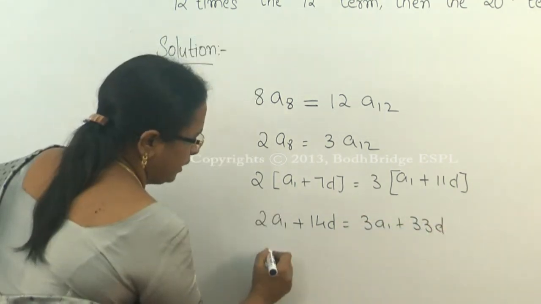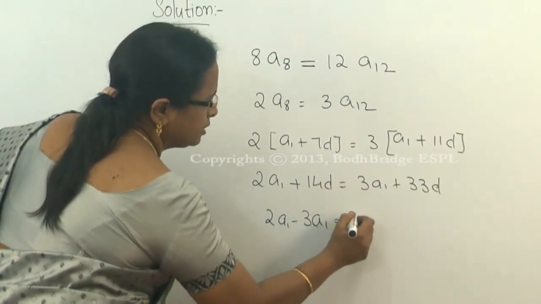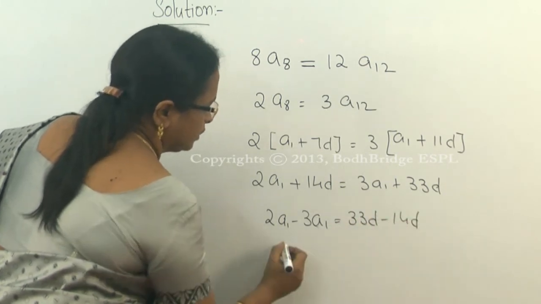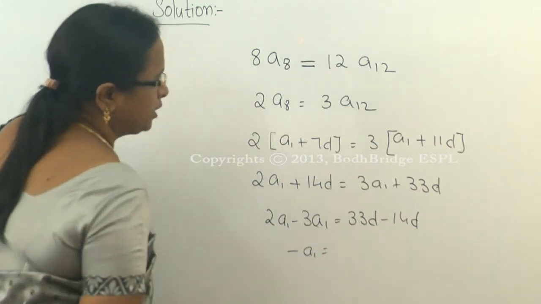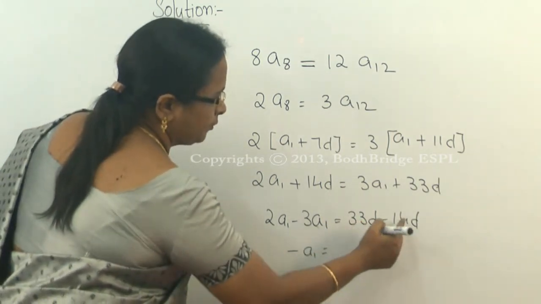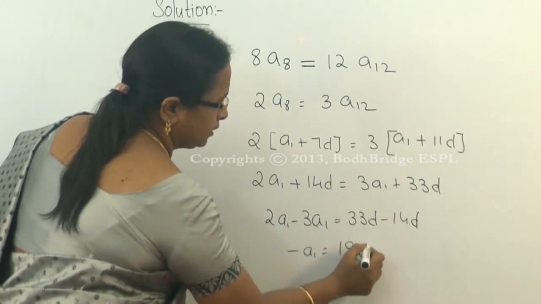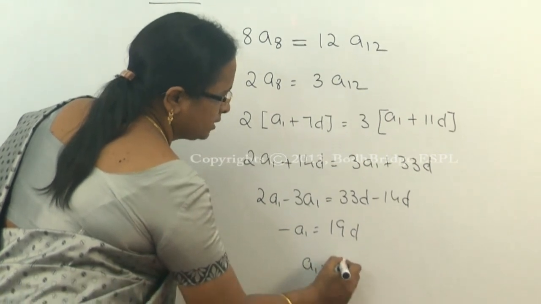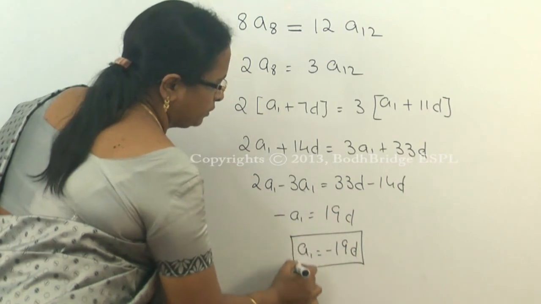Bring this A1 this side. 2A1 minus 3A1 equals 33D minus 14D. So this is minus A1 equals 19D. Or you can say A1 equals minus 19D. So this is one thing which you have found out.